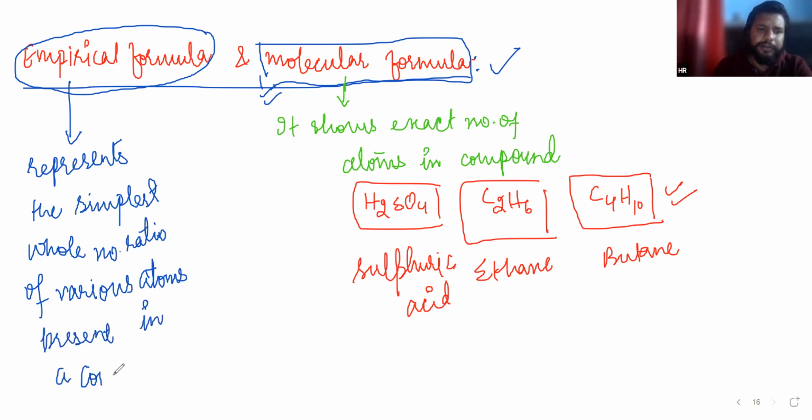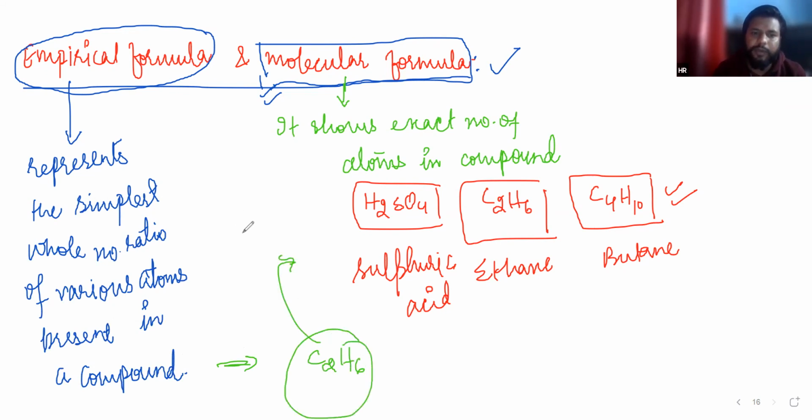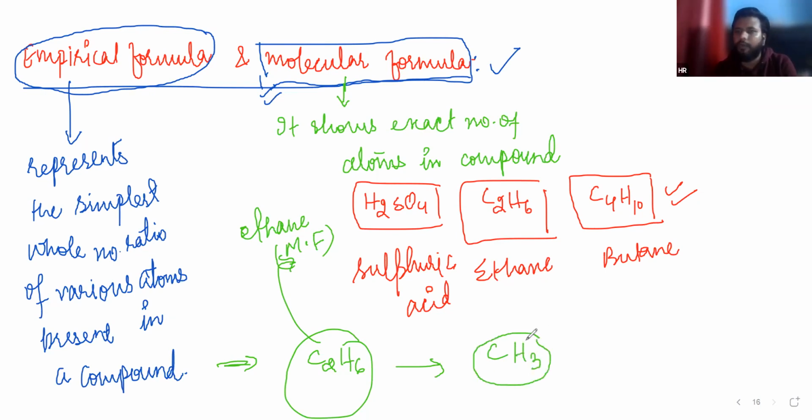Just see the difference. If we have C2H6, what is this? It's ethane, which is the molecular formula. But if you divide it by 2, you will get CH3. And it is the simplest form of C2H6, and it is the empirical formula.